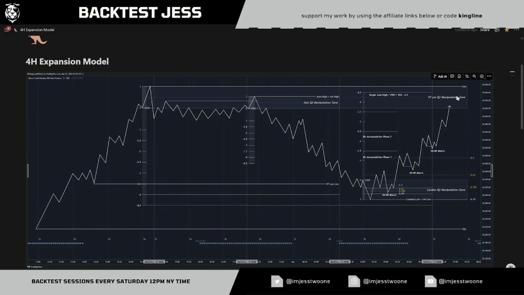Notice that he doesn't draw a new zone for this, because we're entering off of the previous PM session zone. Once we meet these deviations of the actual framework, then we have this new SD here to go back into the zone once more, or to target previous day high essentially. And this has the SBS as well to play out in that direction, where he has OTE and whatnot.